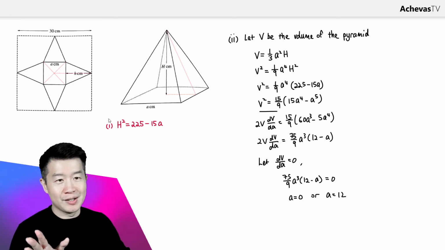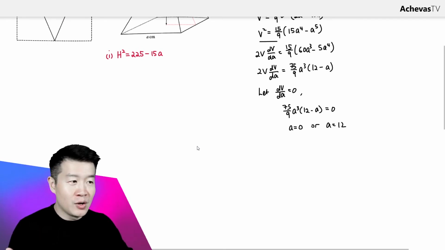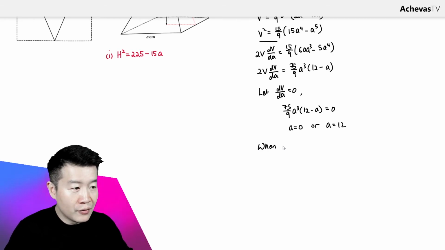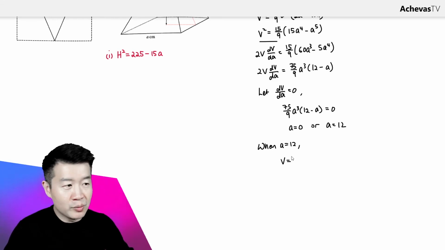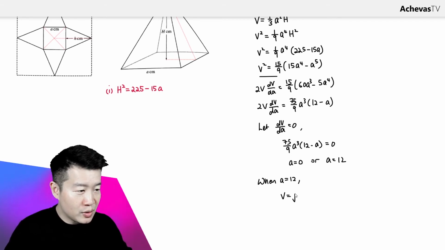A cannot possibly be 0, or else there will be no pyramid at all. So A has to be equal to 12, and since we do not need to verify that it is a maximum, I can just use it as it is. To find the maximum possible volume, I'm going to let A be equal to 12, and the volume is going to be equal to the square root of 15 over 9 times 15A to the power of 4, so 12 to the power of 4 minus 12 to the power of 5.